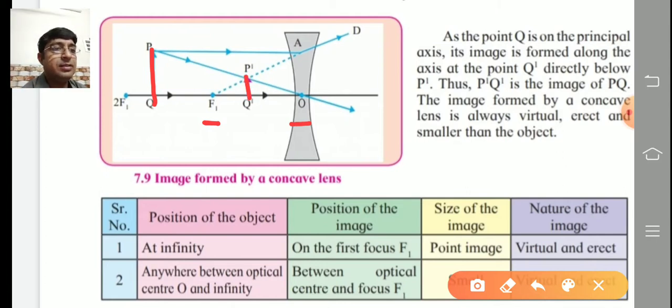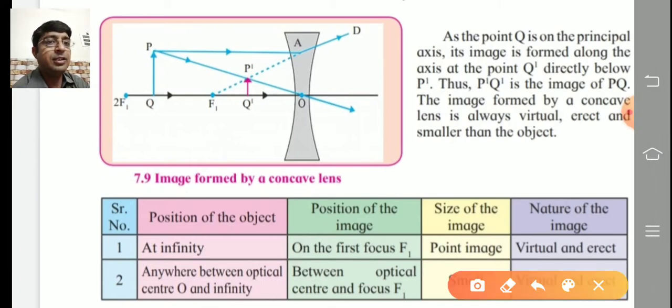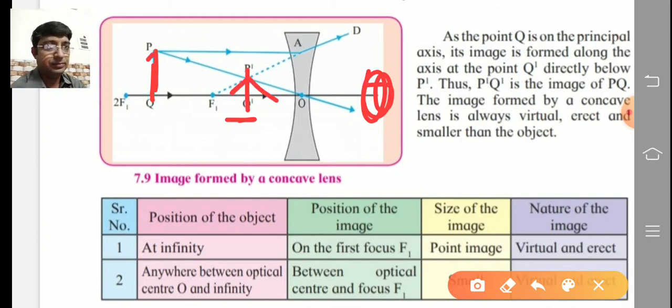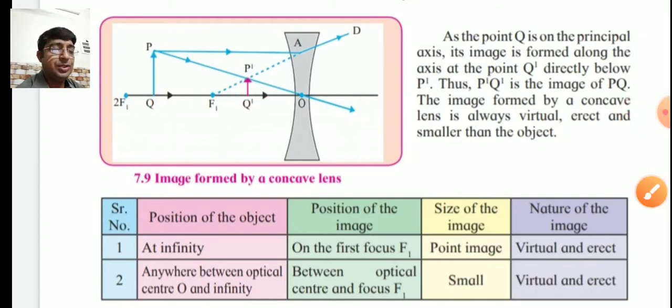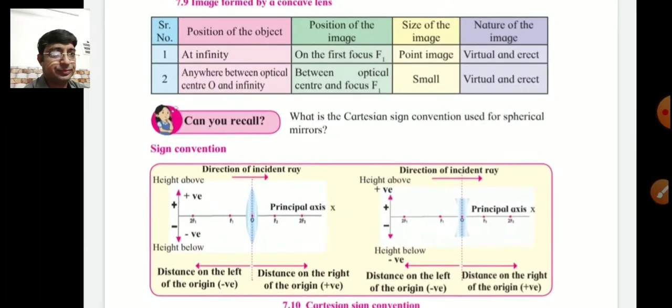Now what is the size? Observe. Yes, smaller in size. Compare. And on which side is the object? On the same side image is formed, that is not formed on this side, so it is not the real one, so it is a virtual and erect image. Clear all of you? So try to draw these diagrams in your notebook.